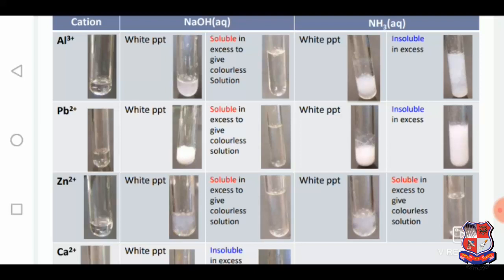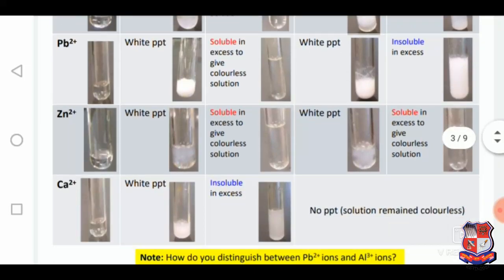The precipitates obtained for zinc are also in a very negligible amount, and that is a very crucial observation that has to be made by the student. And how the white precipitate looks in intensity, whether a very dark white precipitate or a faint white precipitate, also has to be noted.